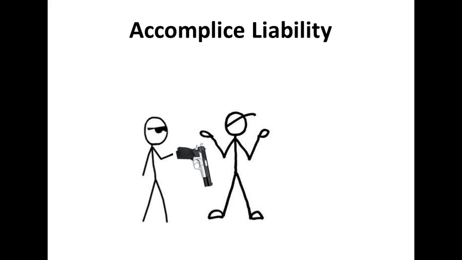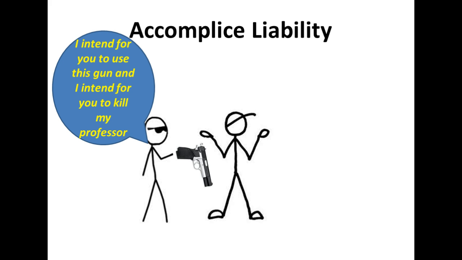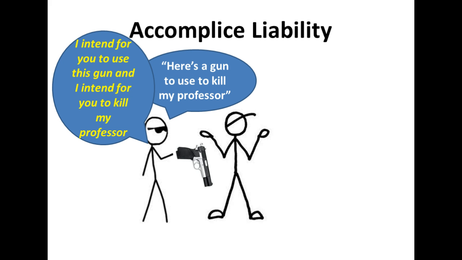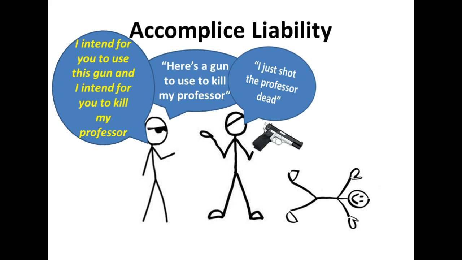So again, let's take a look at our two fellows here. The one with the sunglasses with the gun, the one with the hat who's going to do the shooting eventually. I intend for you to use this gun, and I intend for you to kill my professor. This is what the guy with the sunglasses is thinking. And he says, here's a gun to use to kill my professor. The guy with the baseball hat takes the gun: I just shot the professor dead.